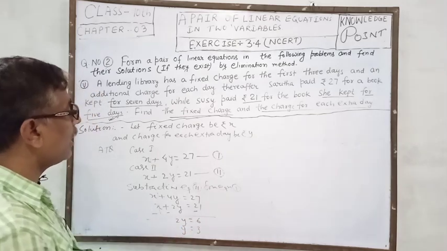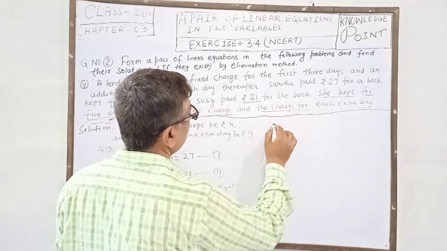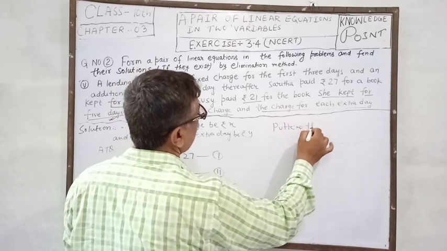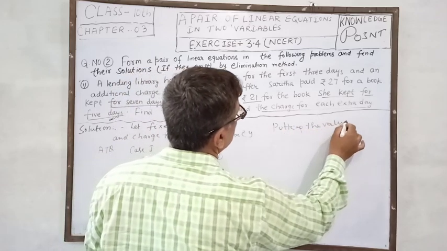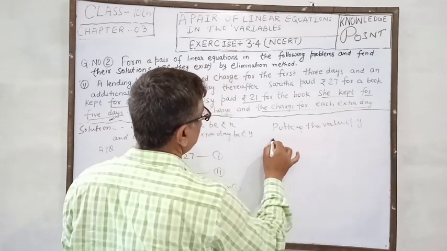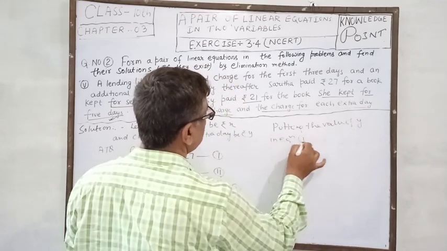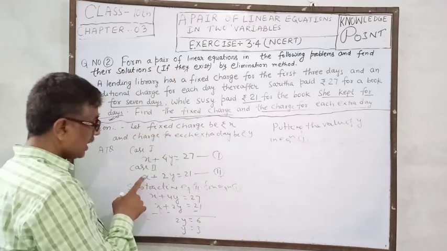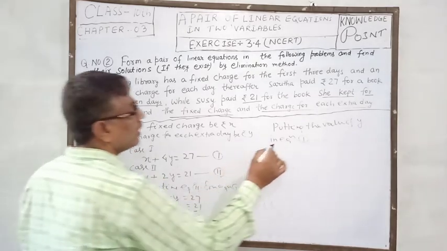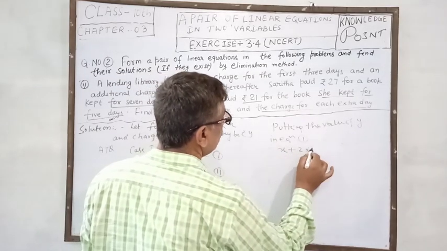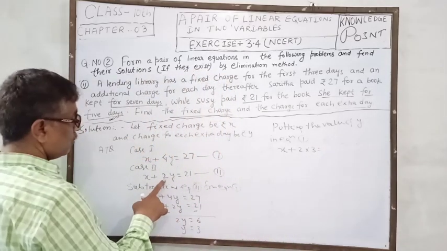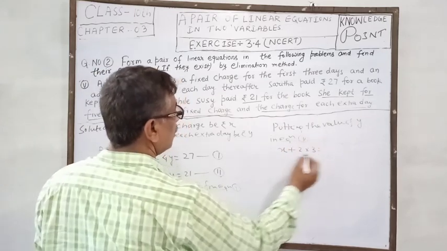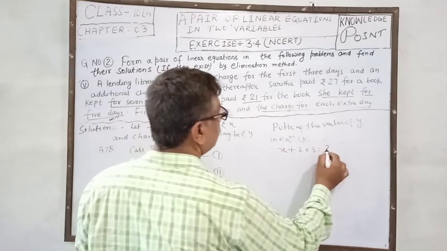Now this value of y we put in any of the equations. Putting the value of y in equation 2, x plus 2 into 3 is equal to 21.